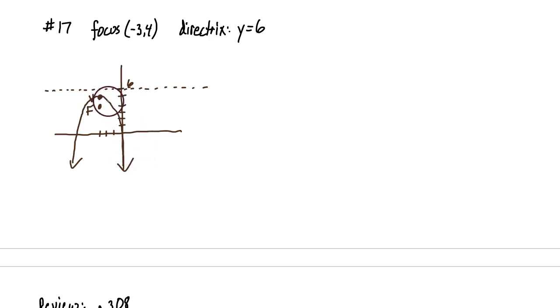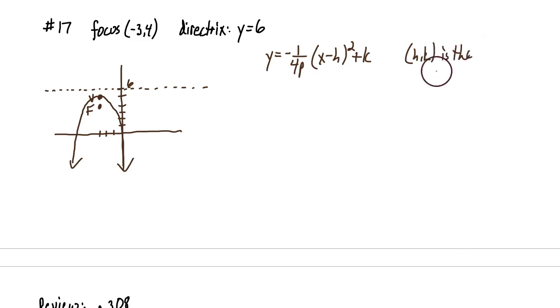We want to make an equation for that parabola. So the general form is y equals -1 over 4p times x minus h squared plus k, where the h comma k is the vertex and the letter p is the distance between the focus and the vertex.